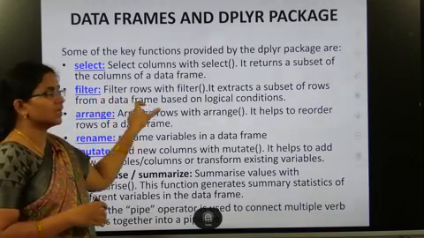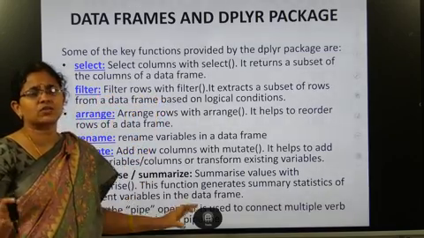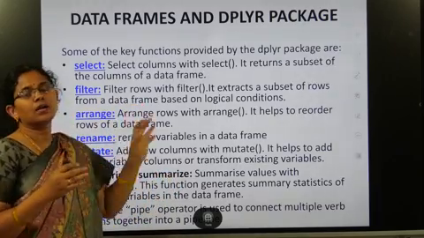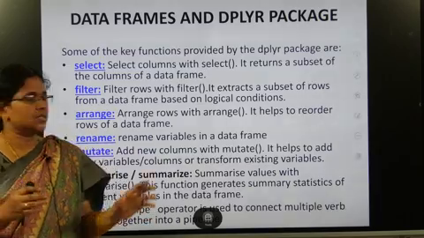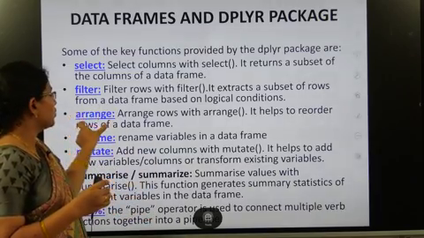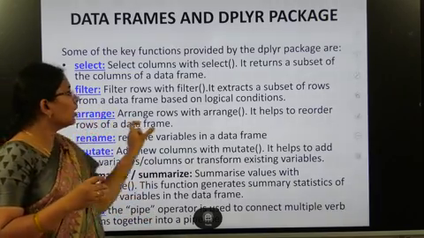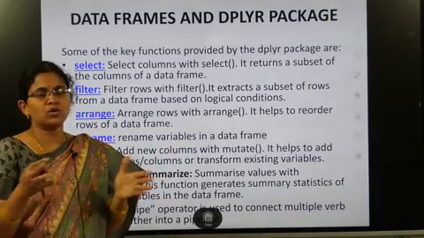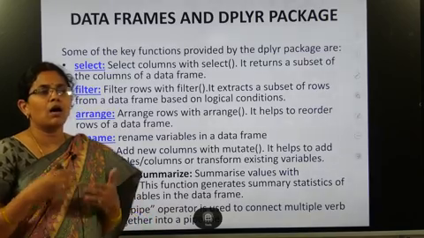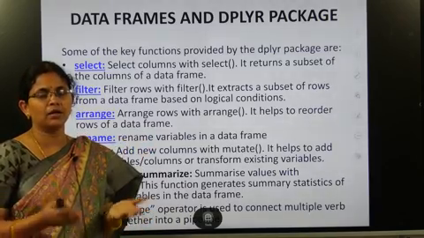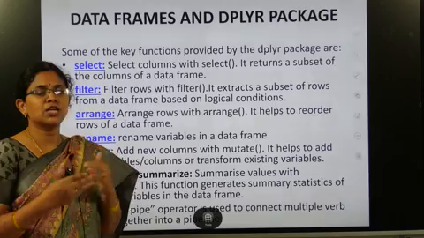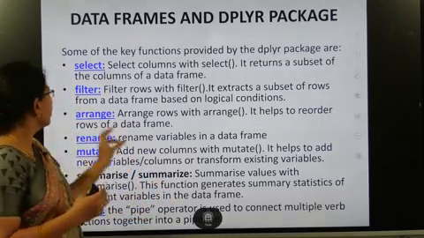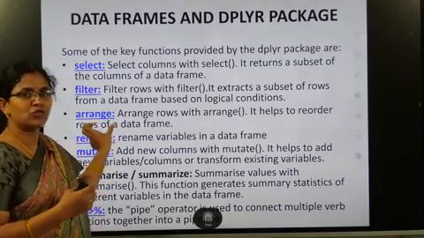Filter extracts a subset of rows from the data frame based on some logical conditions. Third one, arrange. If you want to reorder the rows of a data frame, for example when the rows are not in alphabetical or prescribed order, you can simply use the arrange function.